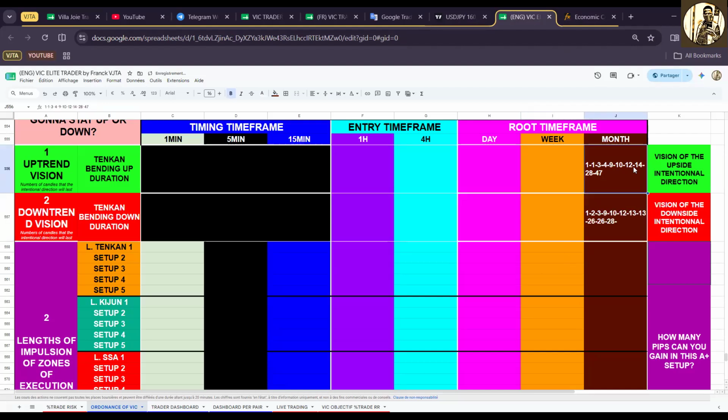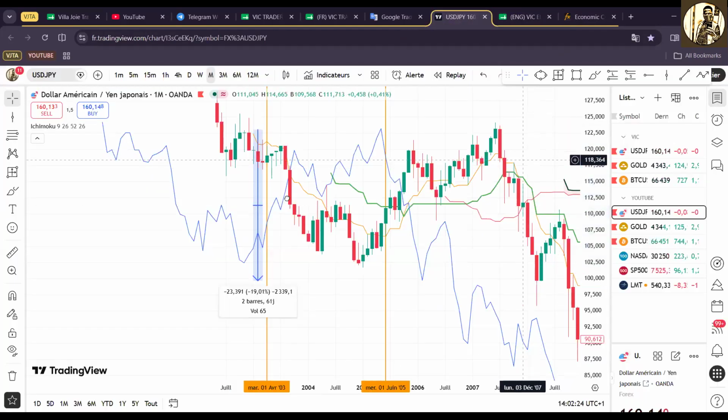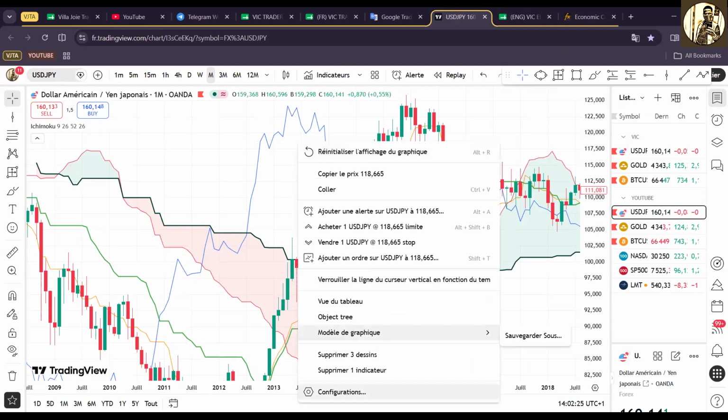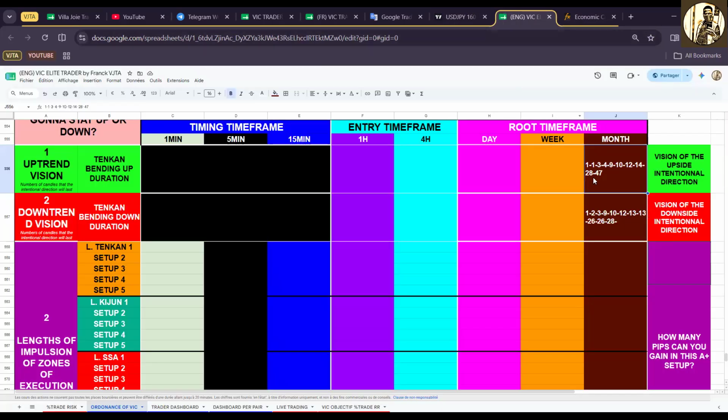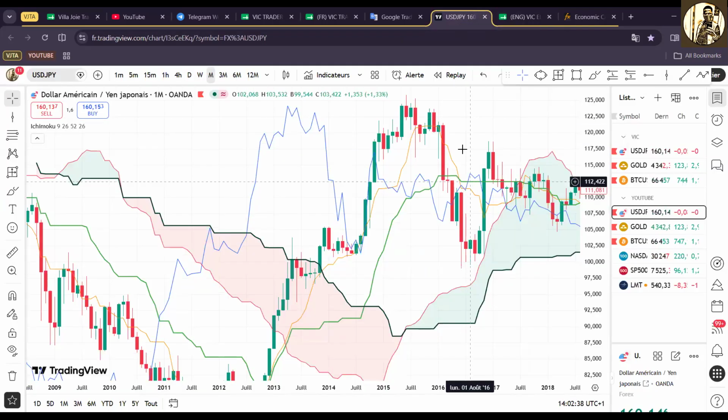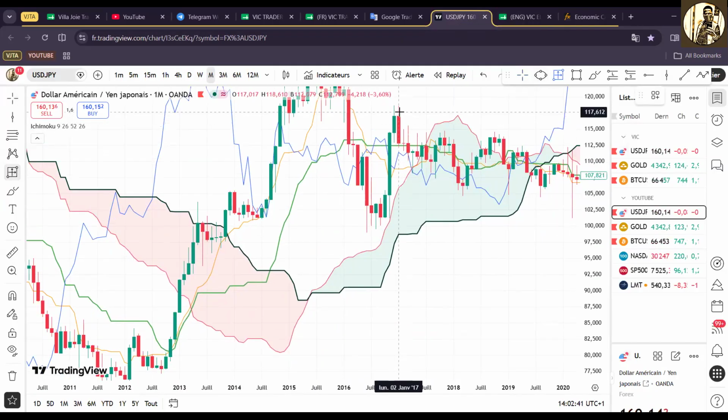So what does that teach you about the chart? We see that we have Tenkan bending for 3 months. Those bars represent 3 months, right? I'm just taking the middle of the bar.